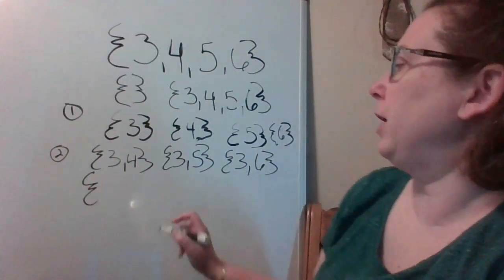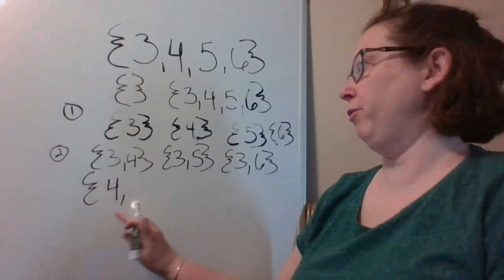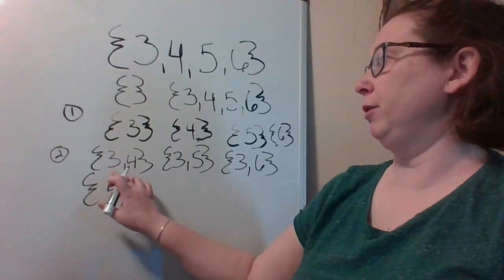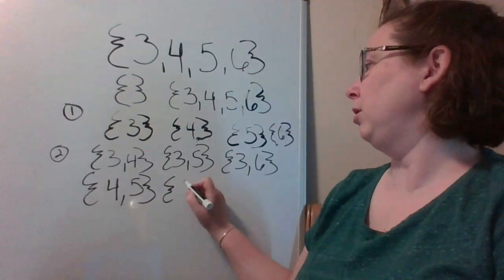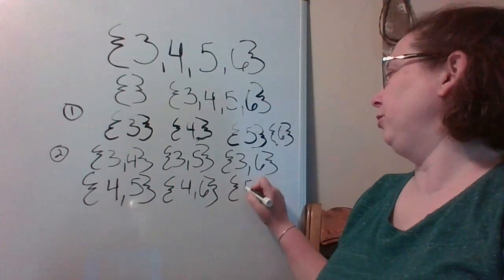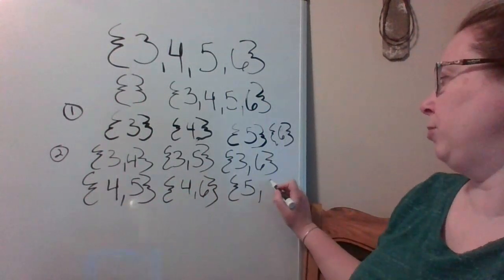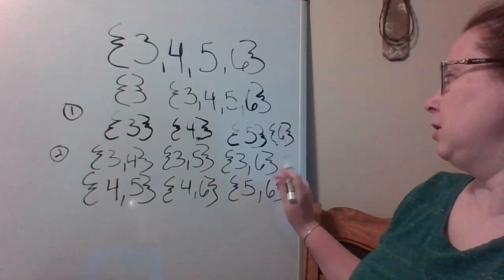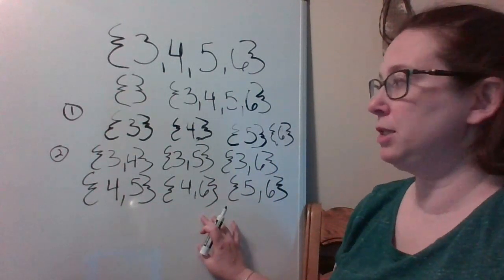And then I could think about, well, what if I put 4 as my first? I already have 3, 4, so I would need 4, 5, and 4, 6. And then I'm going to put 5 first, which I already have 3, 5, I already have 4, 5, but I need 5, 6. So this should be all of our subsets with 2 elements in them.